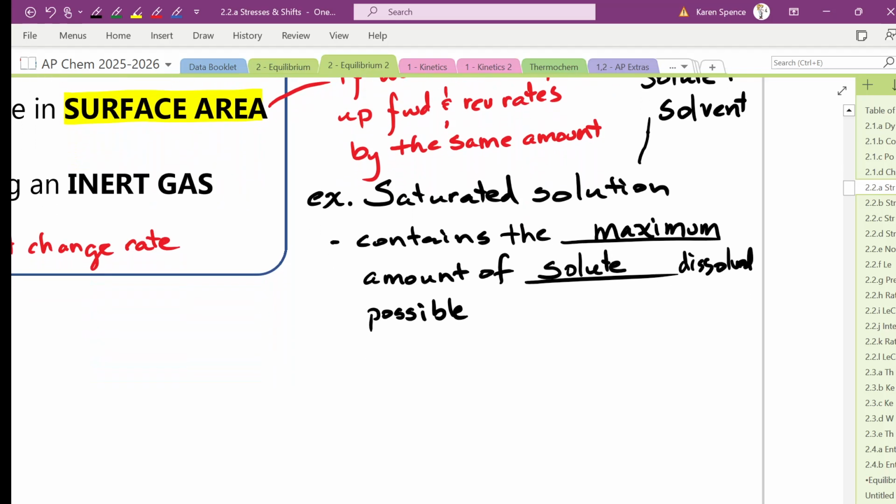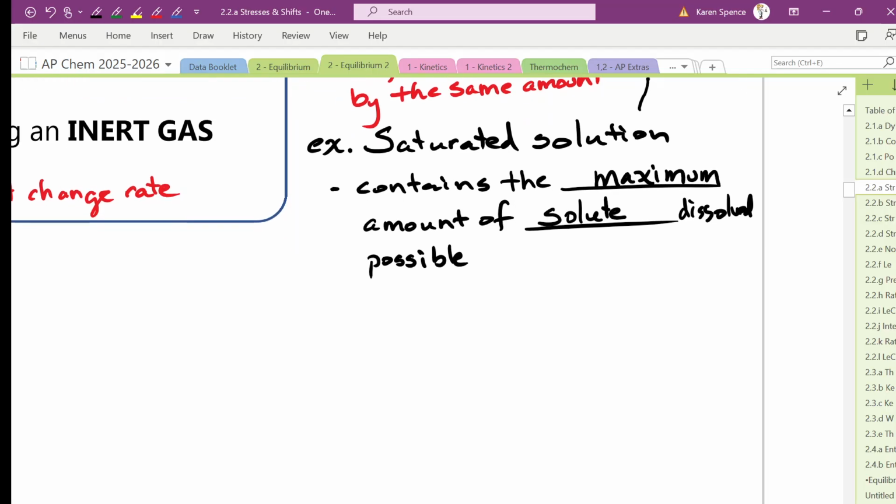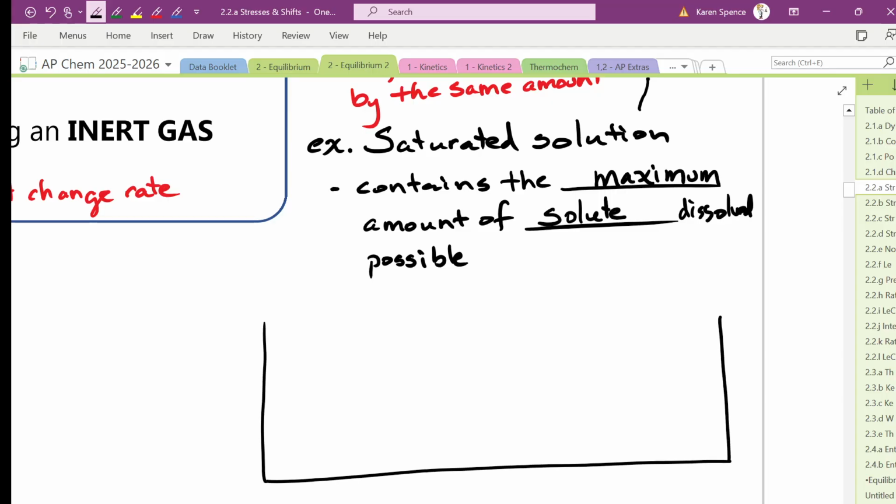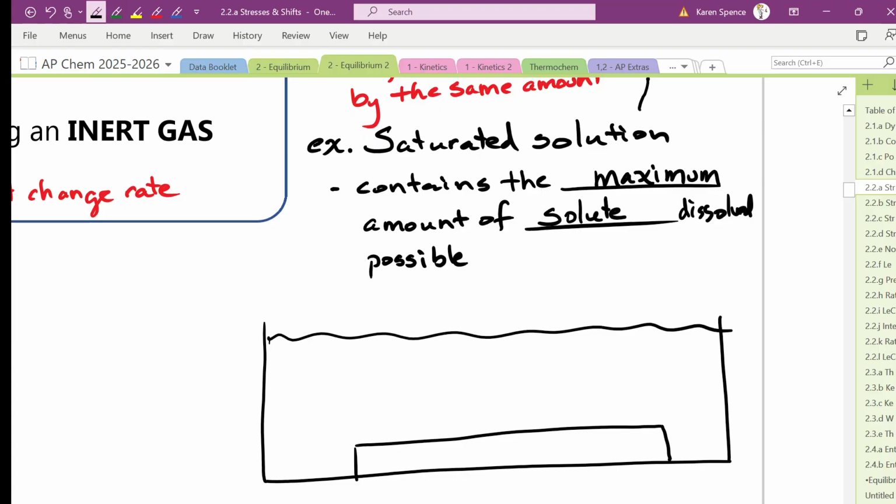So let's say we had a container like this, big wide container, water. And say we have a big piece of silver chloride solid. Once the solution is full, in other words, once it has the maximum of silver ions and chloride ions, does it stop dissolving?